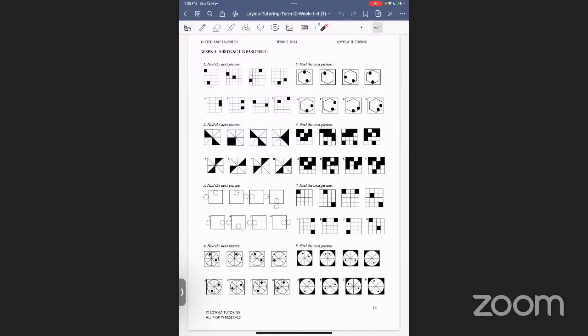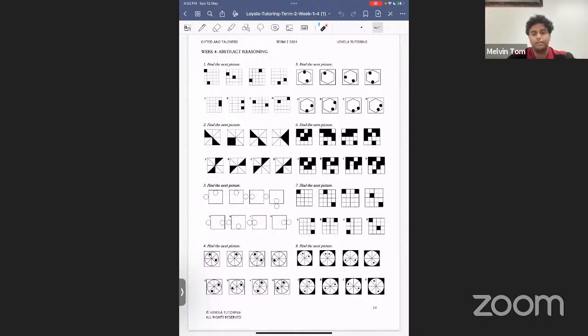Now, you would get harder questions with Loyola as we progress, but this would be the hardest abstract reasoning questions, I would say, that is realistic to get in the actual GATE exam. So if you guys pay very close attention to this page and some of the things we go through, I think you should be well suited for the exam.